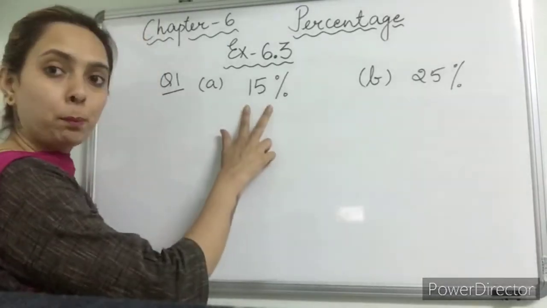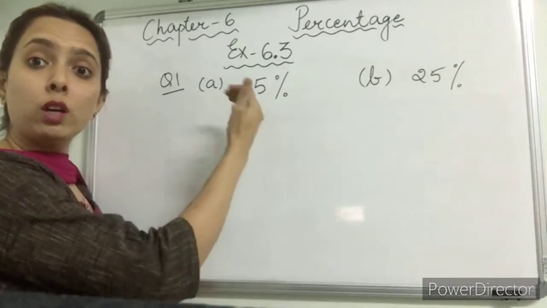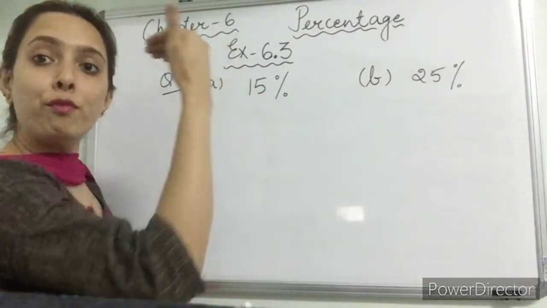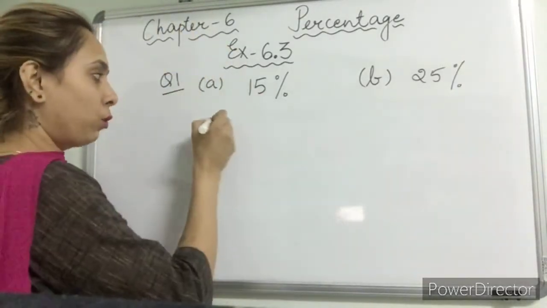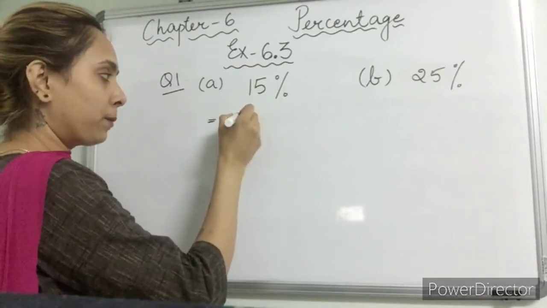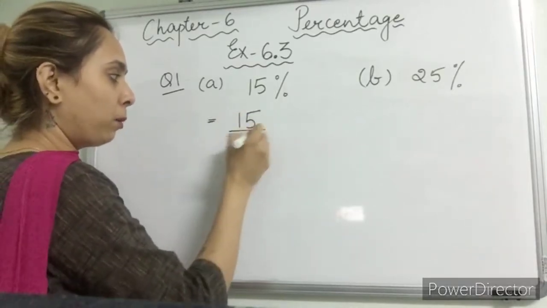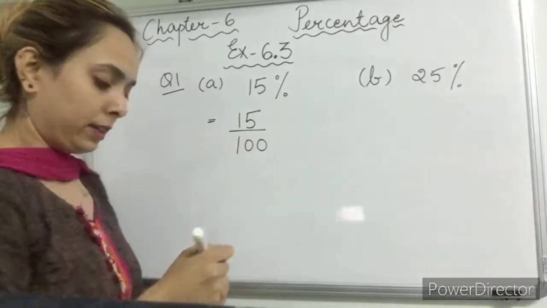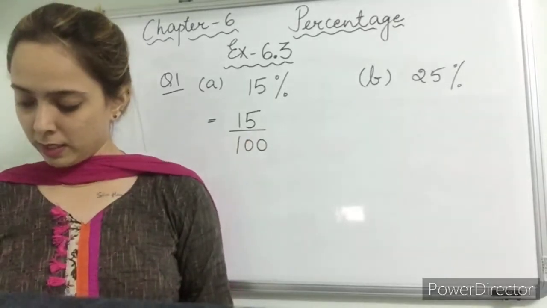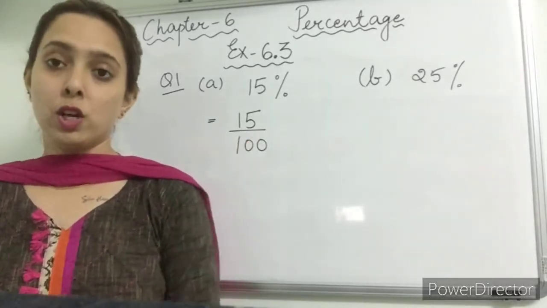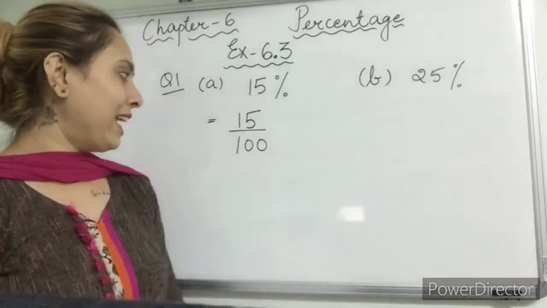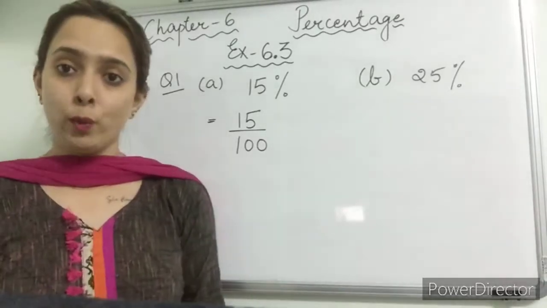So it is 15%. I want you to convert 15% into fraction. So what will you write? 15 upon 100. This is your fraction. Now you can reduce it into its lowest form.